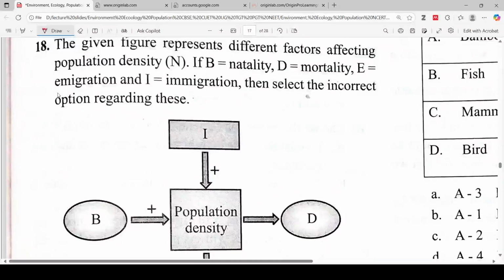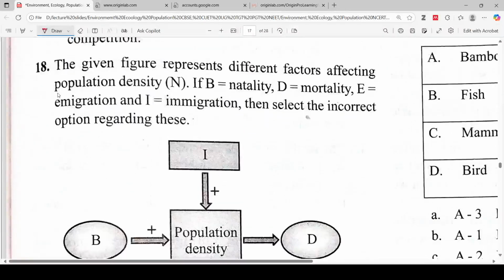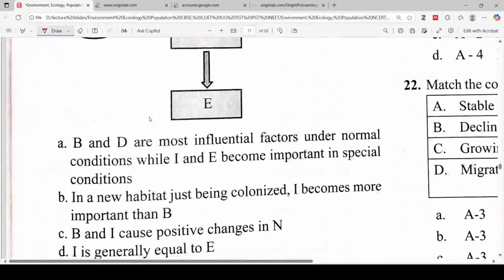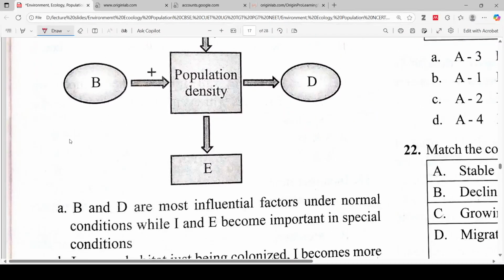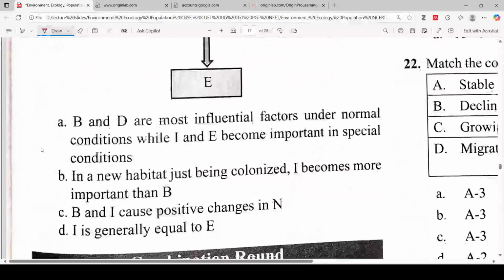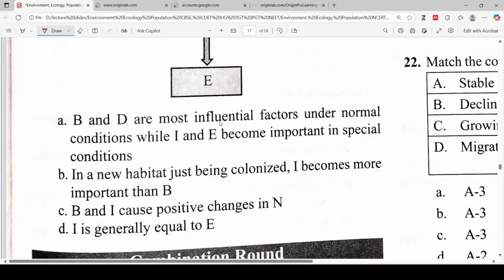Again, population. The given figure represents different factors affecting population density: B, natality, D, mortality, E, emigration, and I, immigration. Then select the incorrect option regarding these. Option A: B and D are most influential factors under normal condition, while I and E become important in special condition.